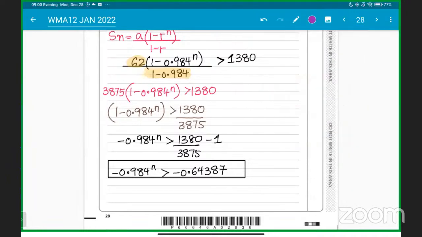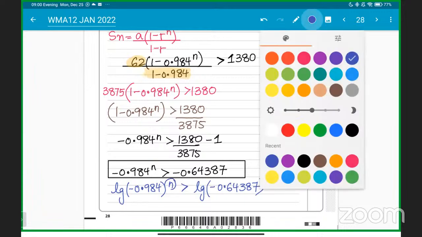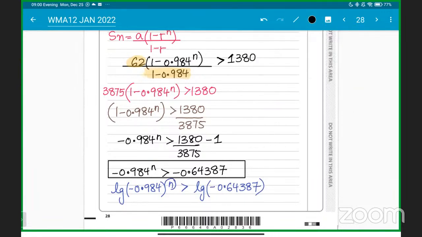But understand, when you apply log on both sides, students need to understand that the inequality will change, because of the negative sign. Okay, because this is the power of n, right? So the inequality will change. The concept is very important here.